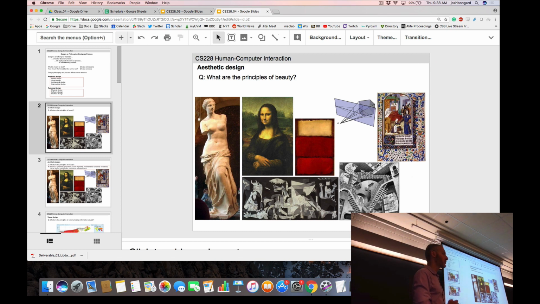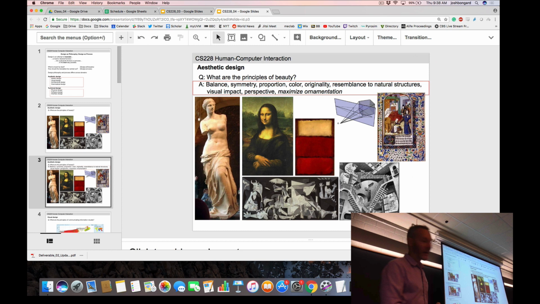What are some other principles of art that artists tend to follow in this transformation? Symmetry, right? Absolutely. So some of the works of art here are symmetric, and some are intentionally breaking that rule. Okay. Again, we don't need to copy these down, but here are some things that often artists keep in mind when they're trying to create a work of art. Balance, we mentioned that. Symmetry, proportion, color, originality, try and paint or make something that's never been seen before.